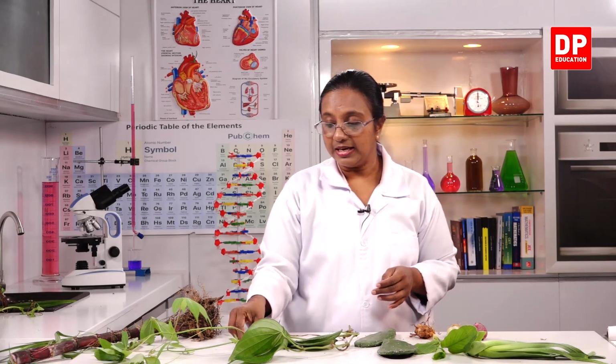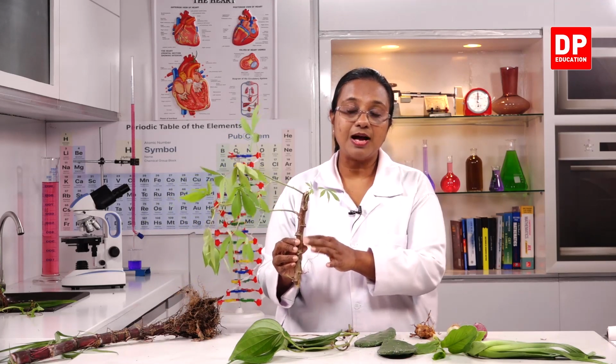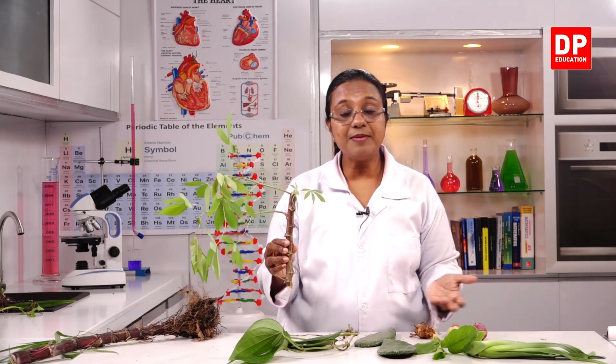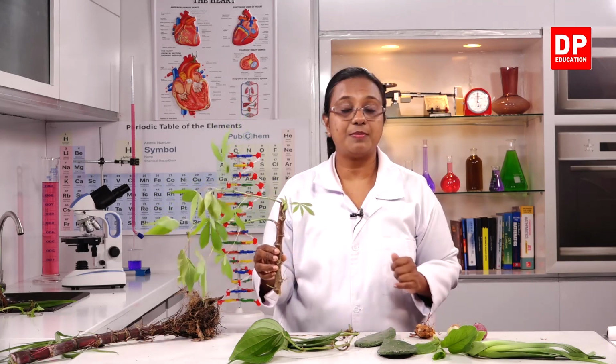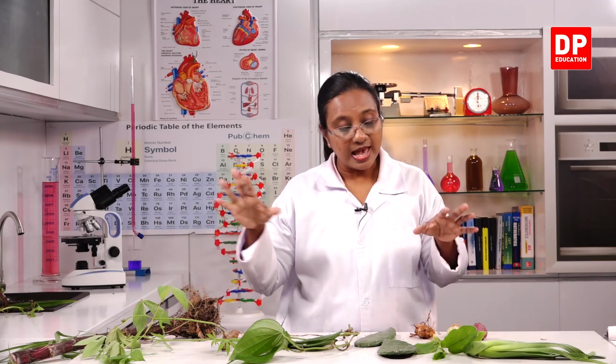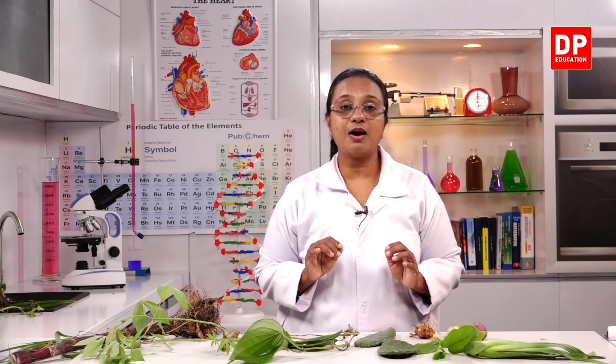And here again I have the manioc plant. That is a plant where the stem reproduces. This is an aerial stem that undergoes reproduction. So from all these, you know I told you about stems and then about underground stems.